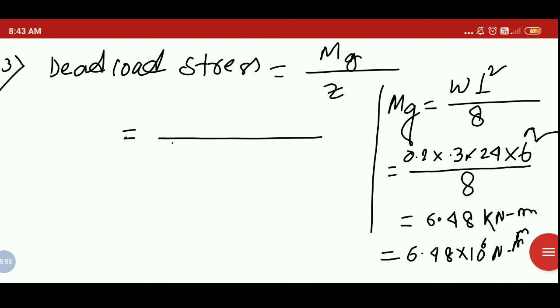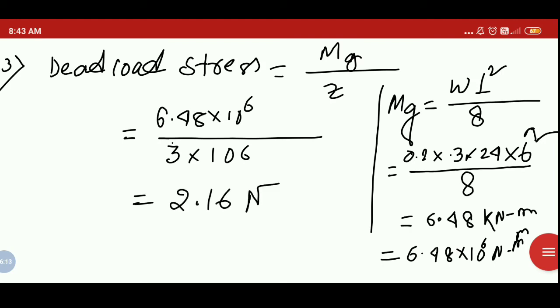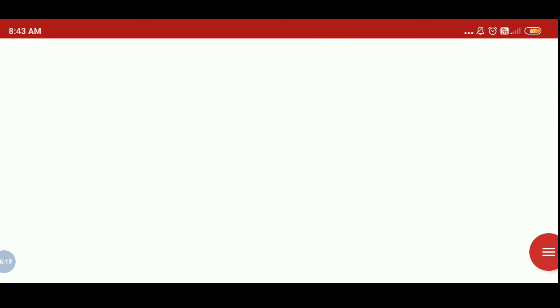So putting the value, 6.48 into 10 to the power 6 divided by Z, 3 into 10 to the power 6, the value is 2.16 Newton per mm square.